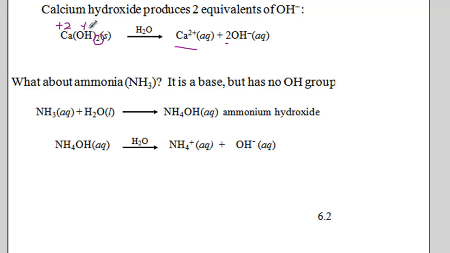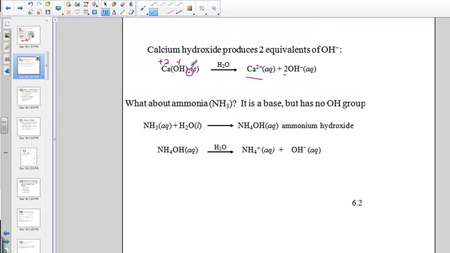Hydroxide, our polyatomic ion, carries a -1, so when they crisscross to write our electrically neutral compound, calcium hydroxide, Ca, parentheses, OH, taken twice. We need 2 groups of the hydroxide to electrically balance the calcium plus 2. This is considered to be a strong electrolyte because it 100% dissociates when placed in water. 100% of it lets go and separates into the ions surrounded by water.